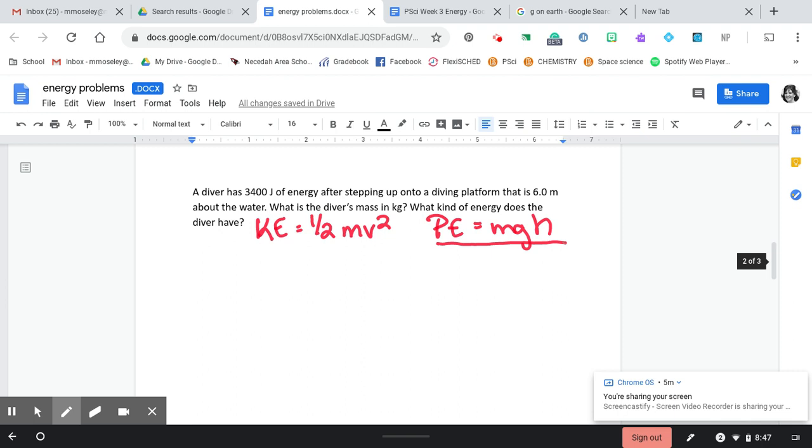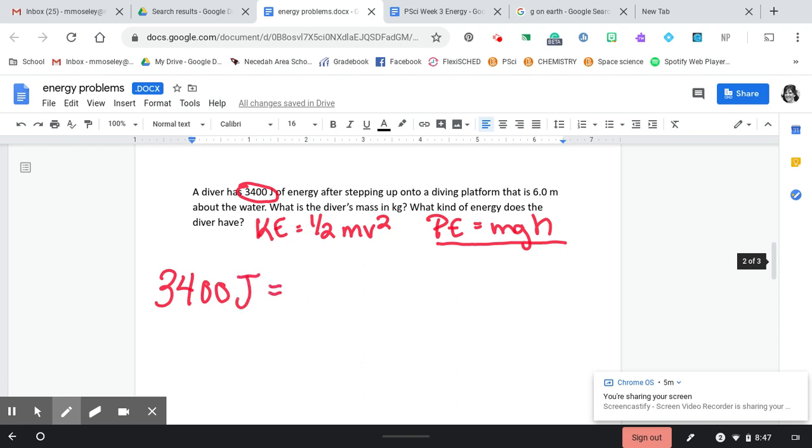So what I'm going to do is I'm going to try to find all of these variables and solve for the one I don't have. So when I reread the problem, I'm going to say, okay, a diver has 3,400 joules of energy. So that is my potential energy, 3,400 joules.